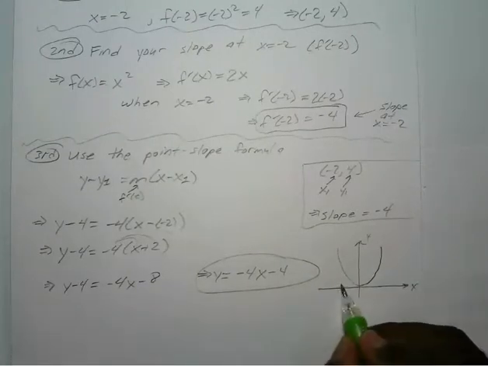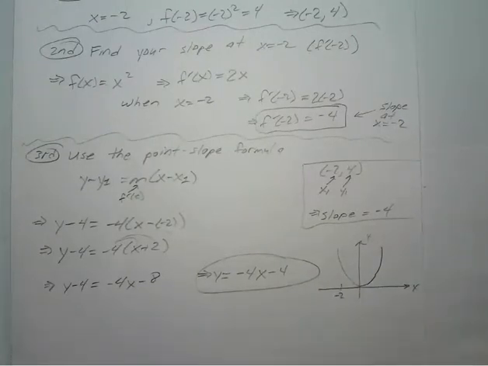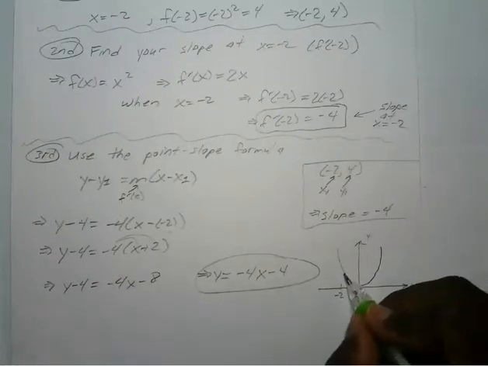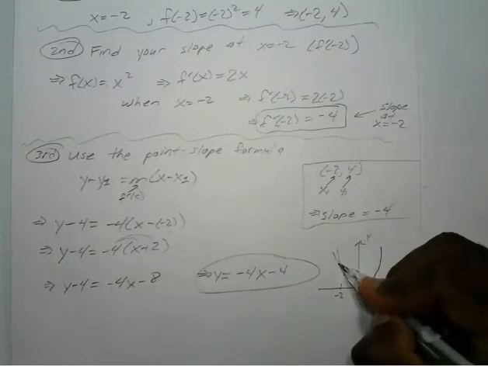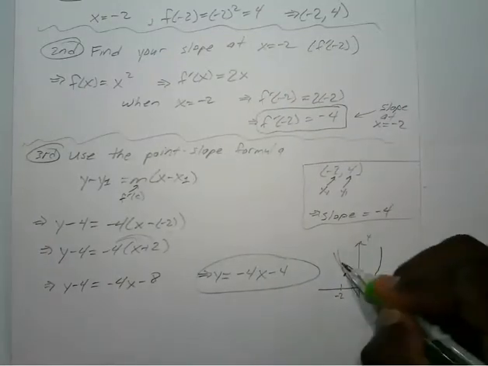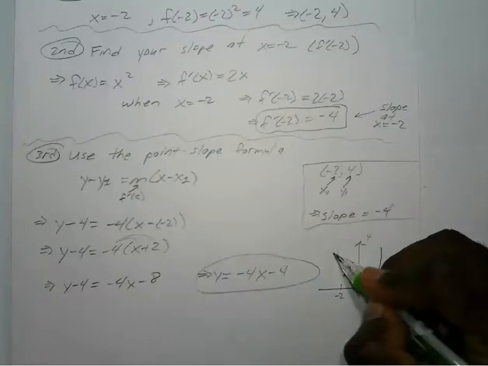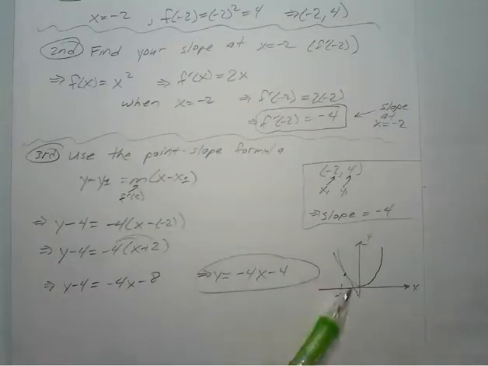Let's say this is x equals -2. At x equals -2, at that point, your tangent line would just touch there. And that is the equation of that tangent line.